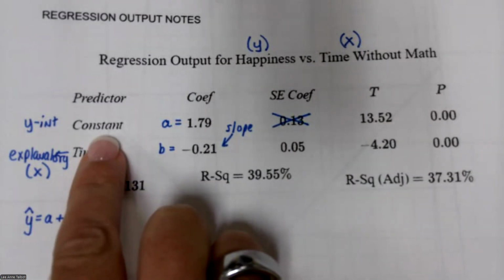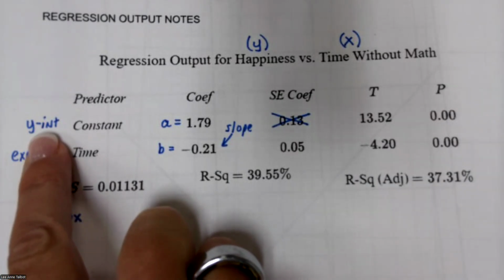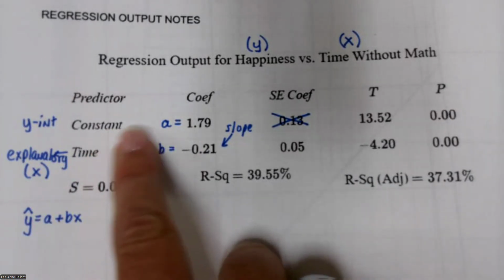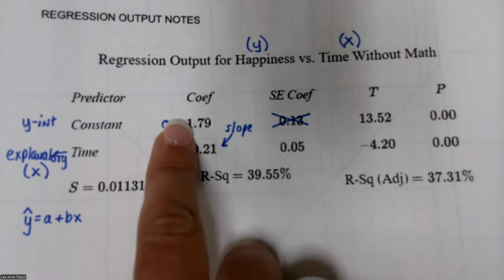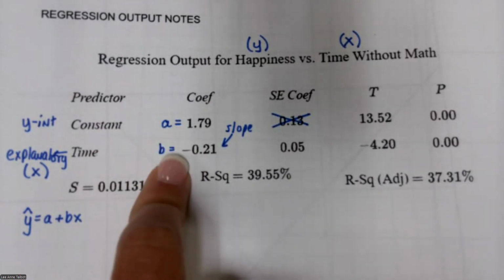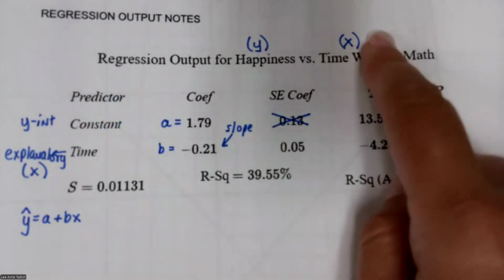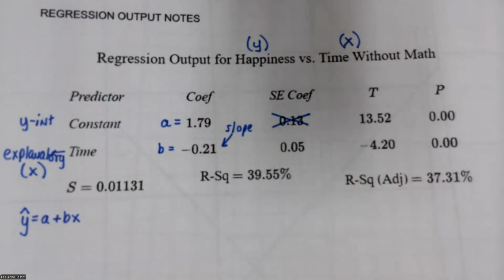The constant is the y-intercept, which is this number, right next to where it says constant. This is the slope, and this is telling you what the explanatory variable is, or the X. And so you can go into your context and label which one's X and which one's Y.